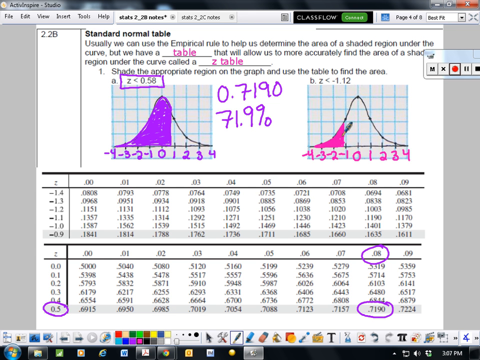If for some reason I use the wrong side of the table, the positive table, then I get an idea, whoa, that doesn't look right. That's why they wanted you to draw the curve, so you see what's going on. Now I'm going to look up that negative 1.1 and then 0.02. Where those coincide gives me a proportion of 0.1314, which is 13.14%. So 13.14% of my values lie below that, or there is a 13.14% chance that I would get a score in that area.